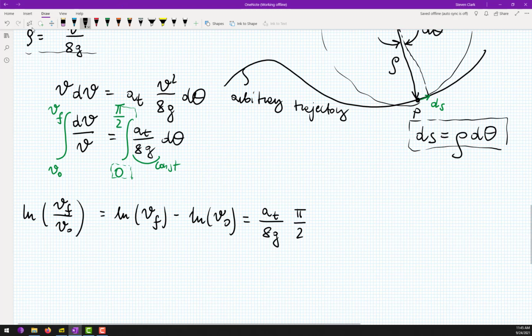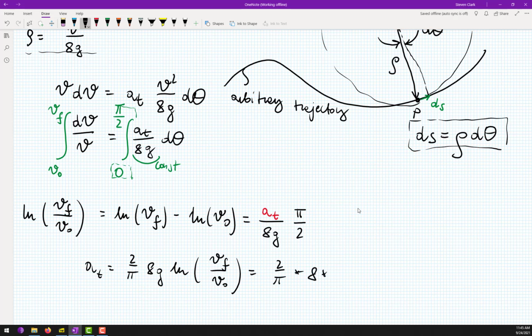At is the only unknown in here. At is 2 over pi times 8g times natural log of v final over v0. Plug in values: 2 over pi times 8 times 9.81 times natural log. It doesn't matter which units you use.